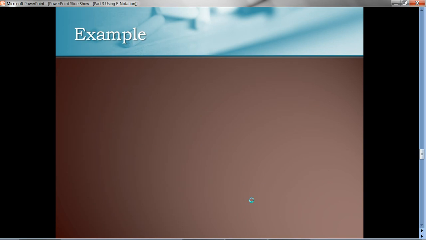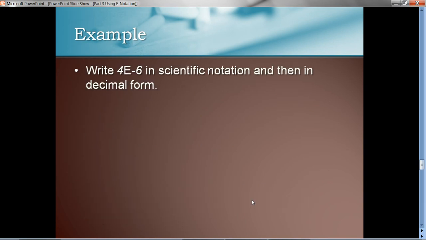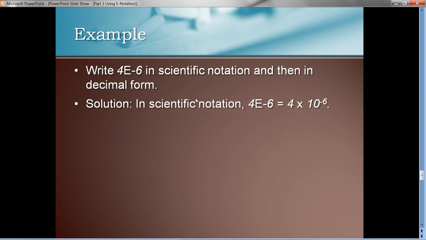Let's try one more example to make sure we got the idea. Write 4E negative 6 in scientific notation and then in decimal form. That's pretty easy. I don't think we need a calculator for this. In scientific notation, this would just be 4 times 10 to the negative 6 power. So that's a small number, isn't it? In decimal form, we start to the right of the 4 and move the decimal point 6 places to the left in our mind.